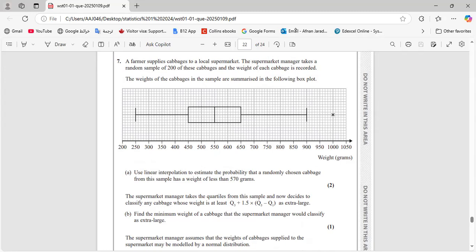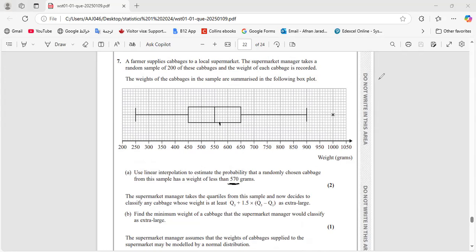Use linear interpolation to estimate the probability that a randomly chosen cabbage from this sample has a weight less than 570. Where is the position of 570? 570 is about here, between the second and the third quartile.